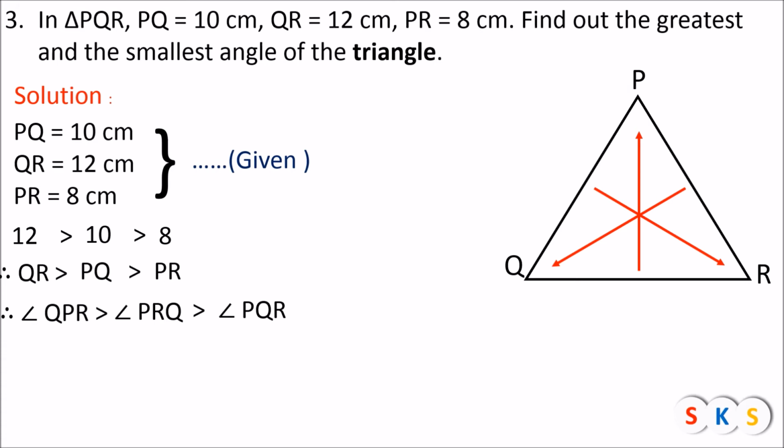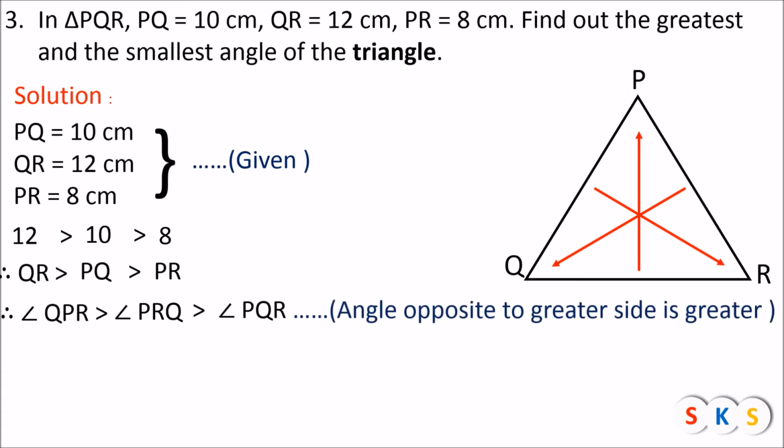So now we have arranged those angles in descending order, and I know which angle is greater. Angle QPR is the greatest angle, and angle PQR is the smallest angle of this triangle. So angle QPR is the greatest angle of triangle PQR, and angle PQR is the smallest angle of triangle PQR.